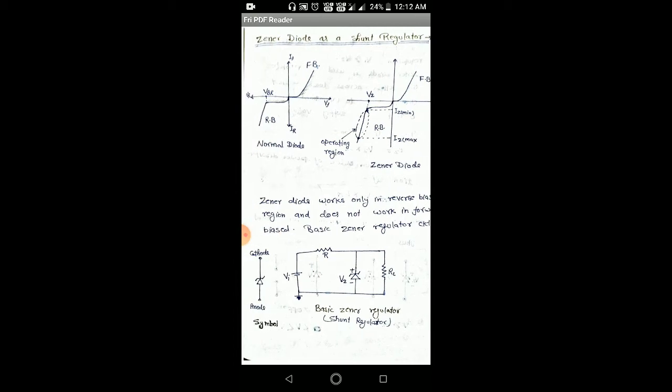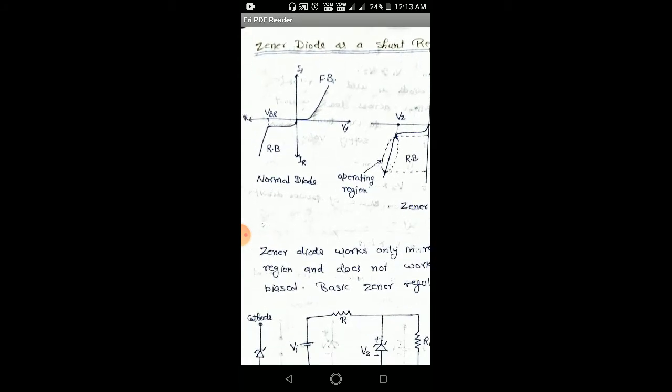In the previous lecture, we discussed the characteristics of the normal diode. In the normal diode, we can see clearly that it conducts in forward bias, and in reverse bias a small reverse saturation current I0 flows, which can be neglected in the ideal case, but practically there is a small reverse saturation current flow.